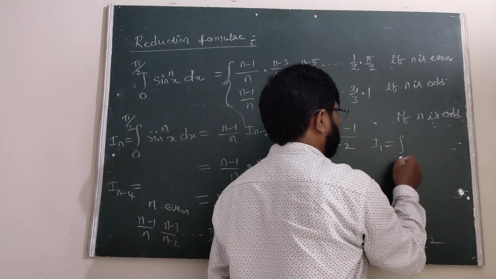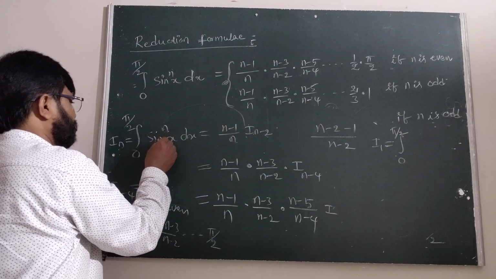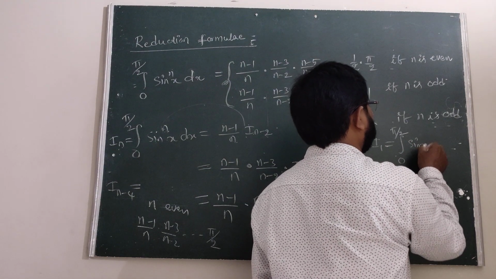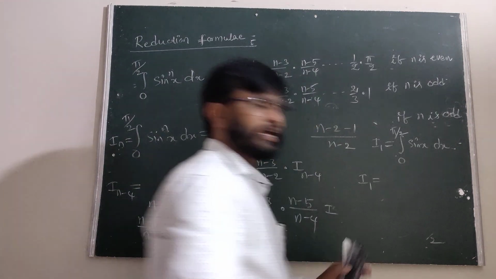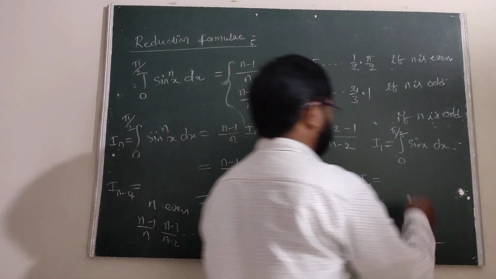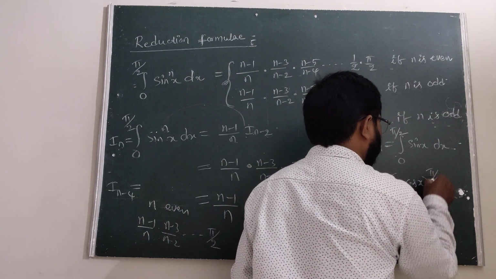I1 is the integral from 0 to pi by 2 of sin x. We have to know that the integral of sin x is minus cos x, with limits 0 to pi by 2.